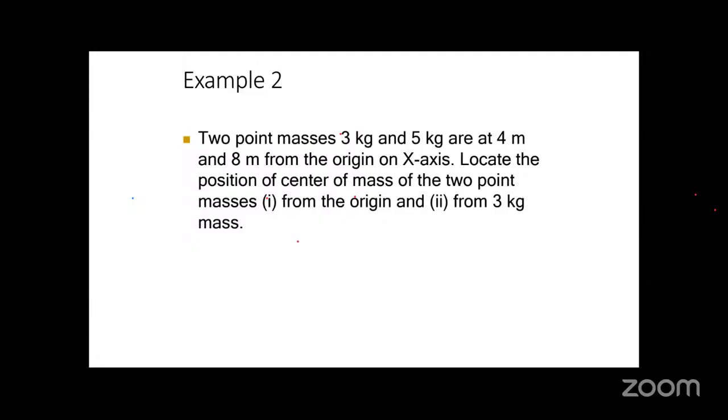Our formula remains the same. X-CM will be M1 times X1 plus M2 times X2 over M1 plus M2. This is M1, this is M2, this is X1, this is X2.